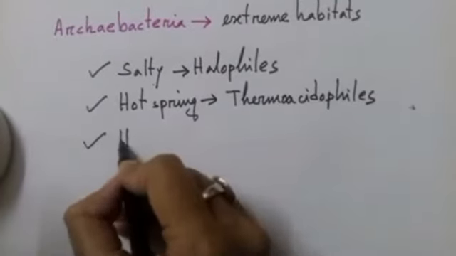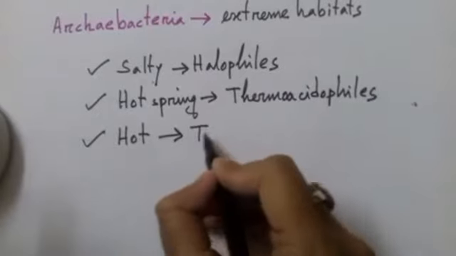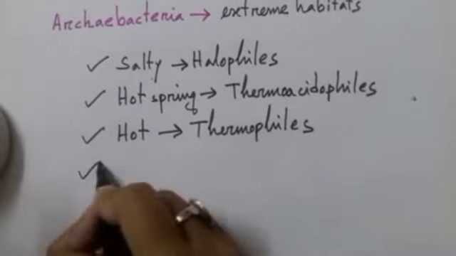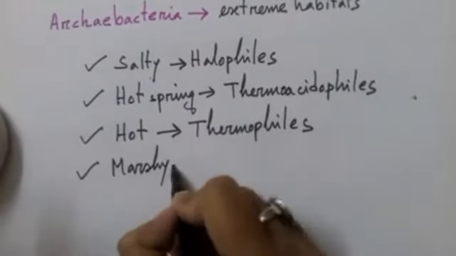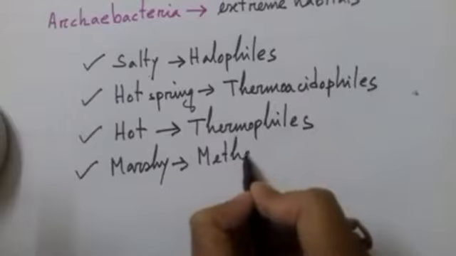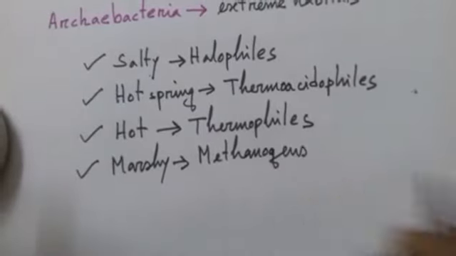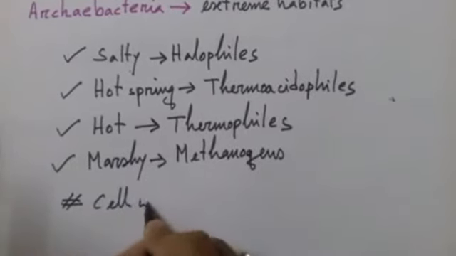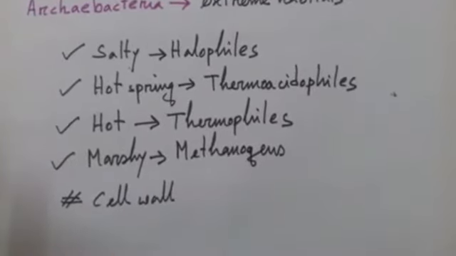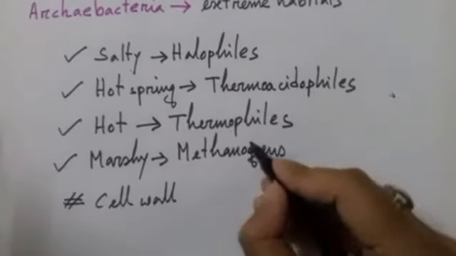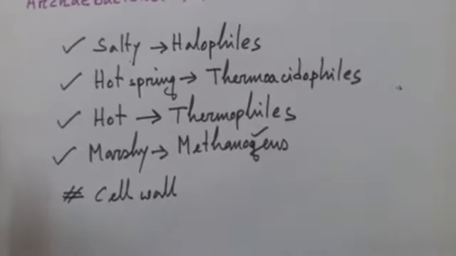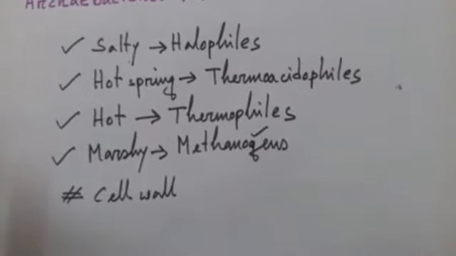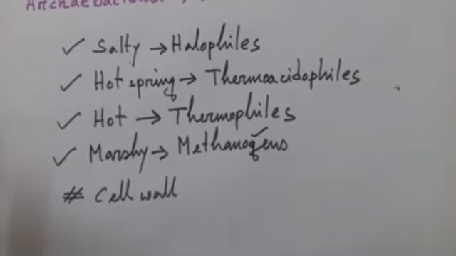In extremely hot areas they are called thermophiles. In marshy areas they are called methanogens. All these Archaebacteria have a different cell wall structure which is responsible for their survival in extreme conditions. Again, these methanogens are present in the gut of several ruminant animals like cows and buffaloes, and are responsible for production of methane, which is known as biogas, from the dung of these animals.